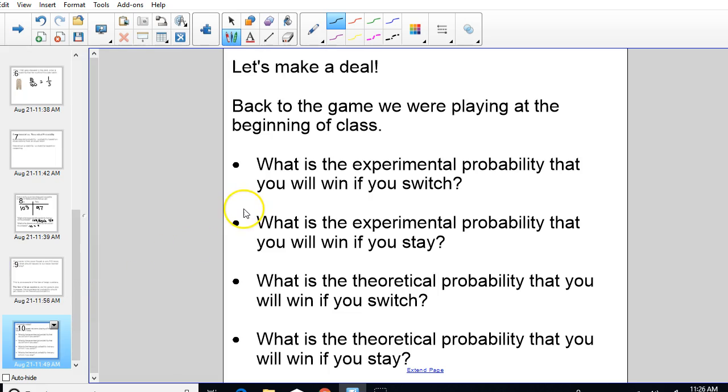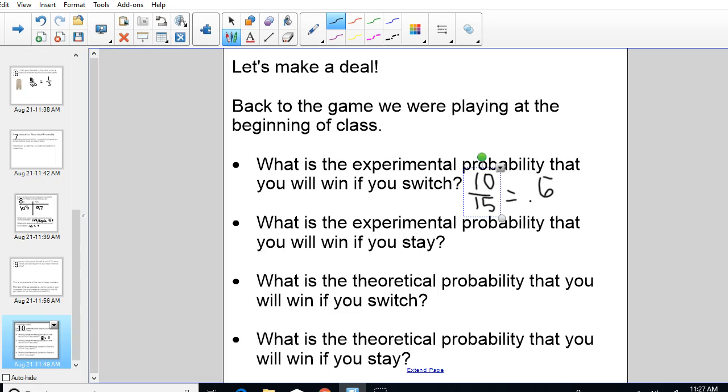So let's go back to what we were doing at the beginning, right? Based on what we have here, what is the experimental probability that you will win if you switch? Based on our experimental probability, we won 10 times out of 15 if we switched, which is 0.6 repeating, 2/3.